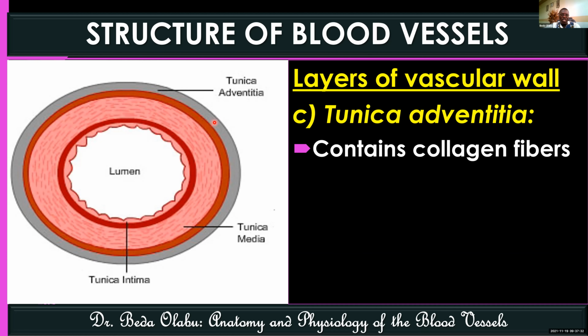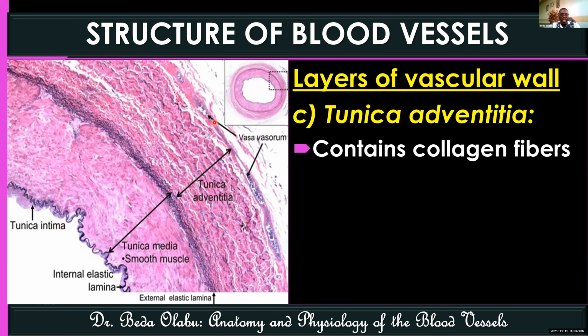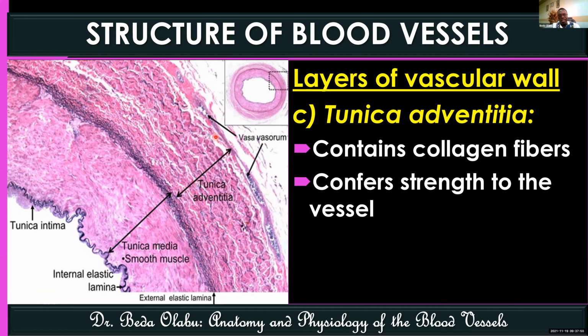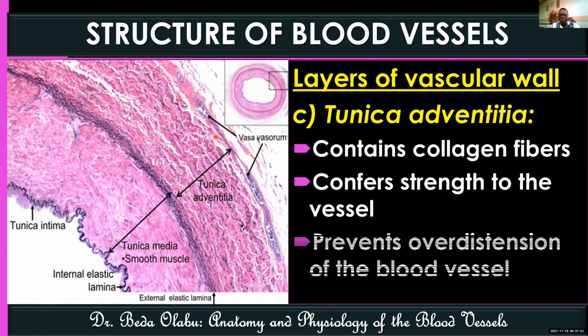The tunica adventitia is the outermost layer. This outermost layer contains collagen fibers predominantly. And the collagen fibers in the tunica adventitia are responsible for providing strength as well. The strength is required to prevent overdistension.